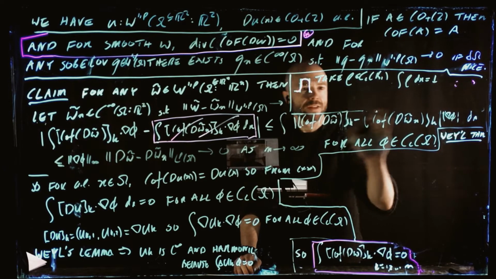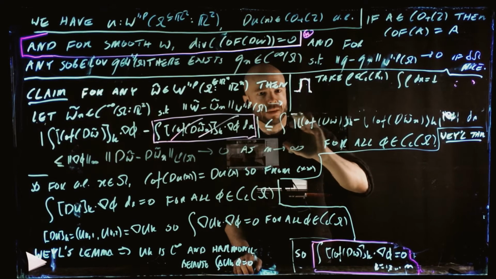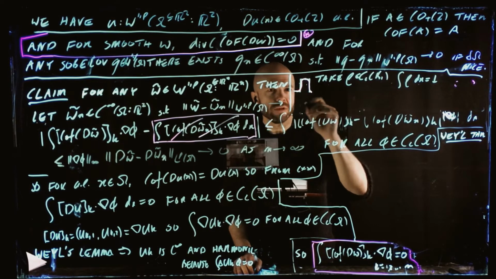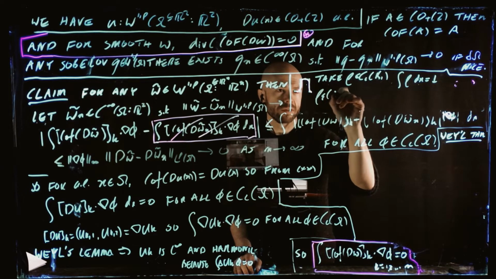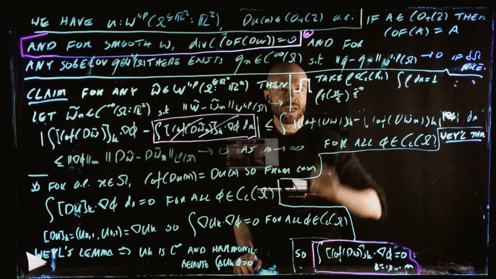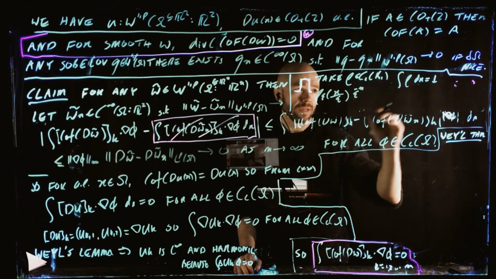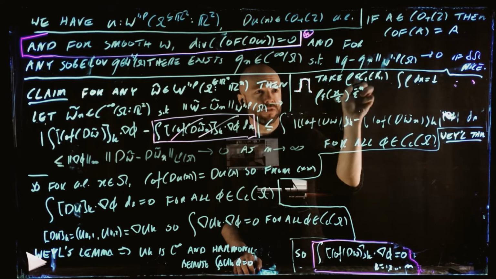And we want it to look more and more like the characteristic function of a small ball. So we're going to rescale it in the following way. If we do this in dimension n, we're going to do it like this, with epsilon to the minus n.